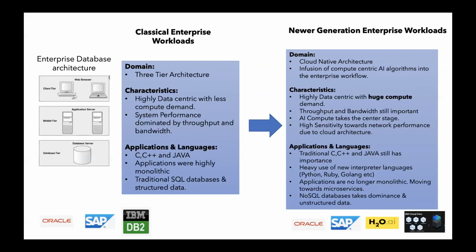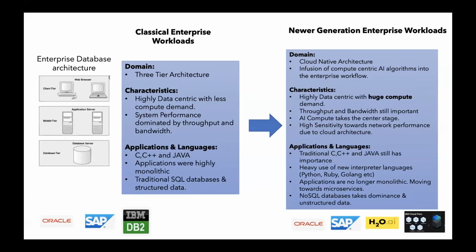Still, memory bandwidth and throughput are critical. But because of AI coming in and a lot of things becoming more real time, people do expect real time responses. The sensitivity towards response time and latency has become highly critical. And at the same time, network performance has also become very critical in recent times because of this transformation and the way people are using these applications.